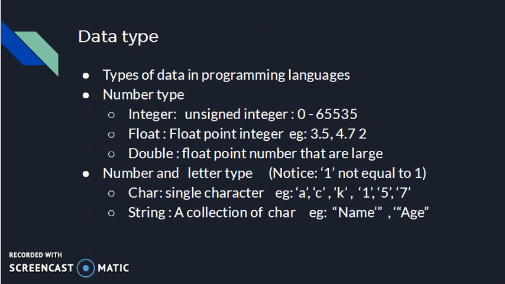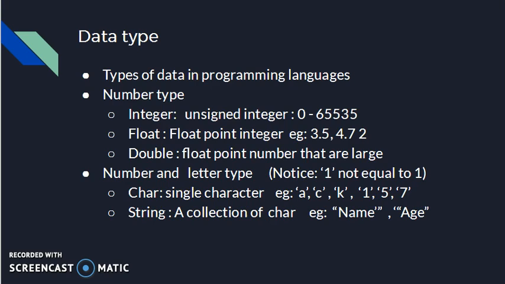Data type is the type of data in a programming language. There are 2 main types, which are number type and number and letter type. In number type, there are 3 subtypes. Integer is a number, ranging from 0 to 65,535. Float point is a floating point number, for example, 3.5, 4.72.